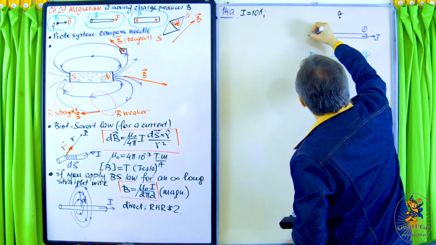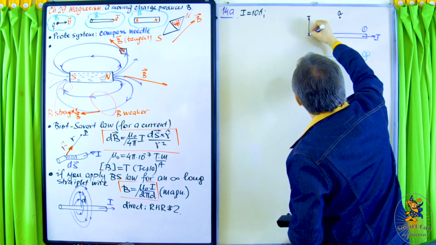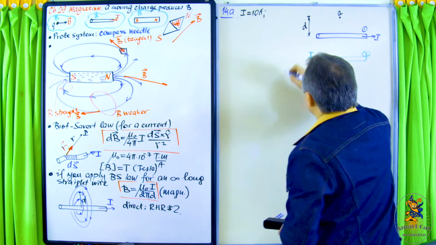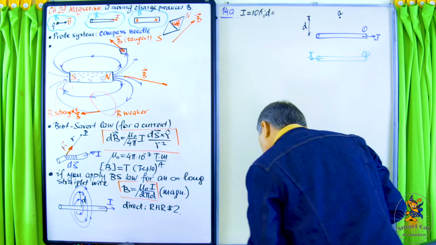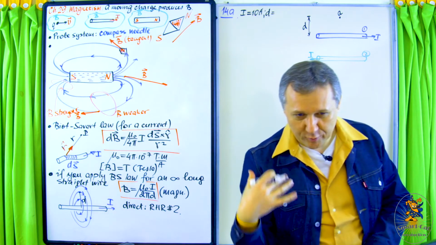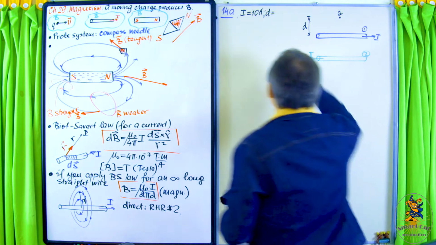That point is at a distance D. The value of D is also given: 2 centimeters. Of course, at a certain point we will have to convert into meters, so let's convert it immediately to reduce the chances of making a mistake.